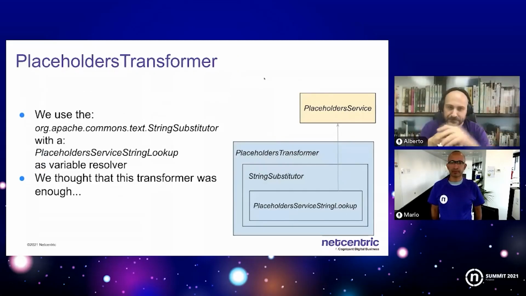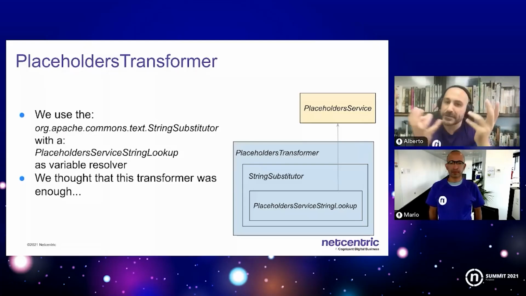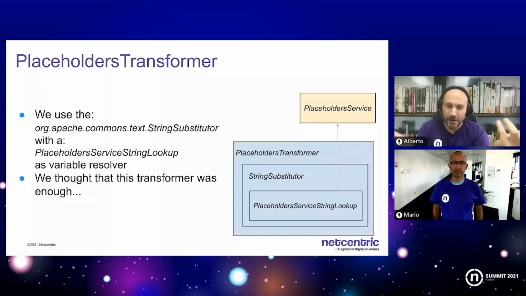About the transformer, I want to add only that we are using this StringSubstitutor from Apache Commons. This substitutor expects to receive a variable resolver, and we have this placeholder service StringLookup that is actually doing the call to the placeholder service. We always thought that it was going to be enough to have this transformer at the end of the pipeline, that we were going to do all that was needed at the end of the pipeline.